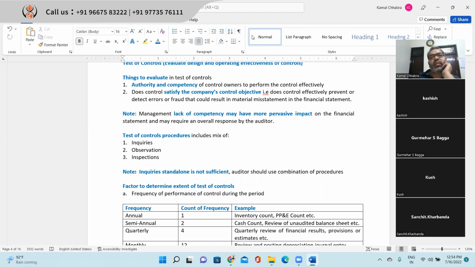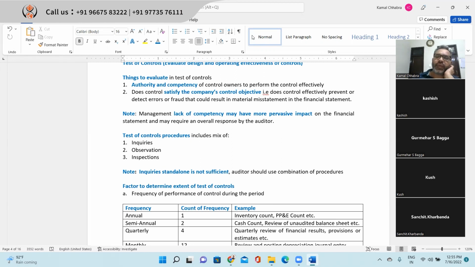Second is, does the control satisfy the company's control objective? So what is the company's control objective? Generally it is to prevent and protect their assets, right? It is to timely identify or mitigate the respective risk so that company loss is minimized, right?